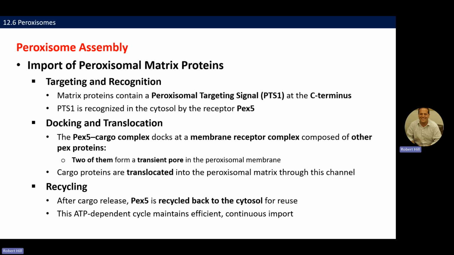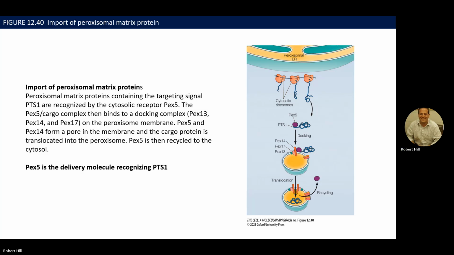But they have a signal sequence. The ones that come through the importomer do not have a signal sequence. So those are your cytosolic ribosomes producing cytosolic proteins that are directed to the peroxisome because they contain a signal sequence, PTS1.